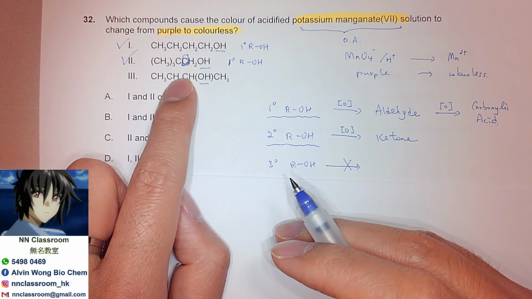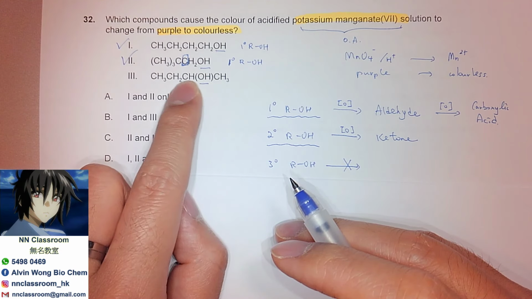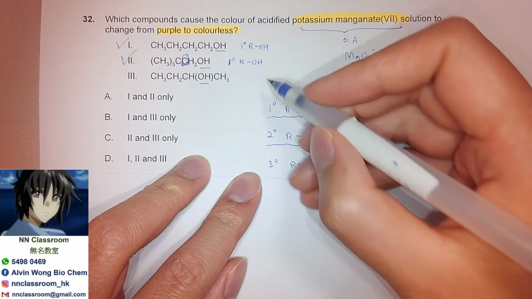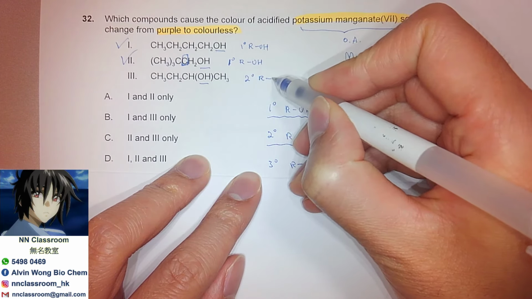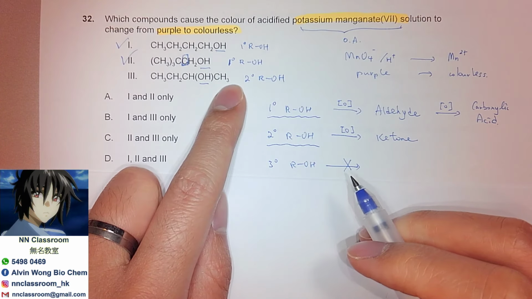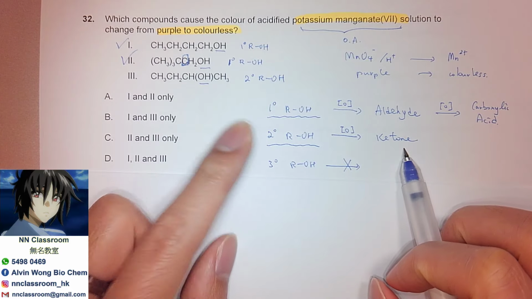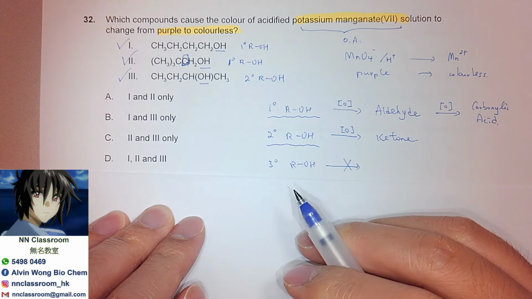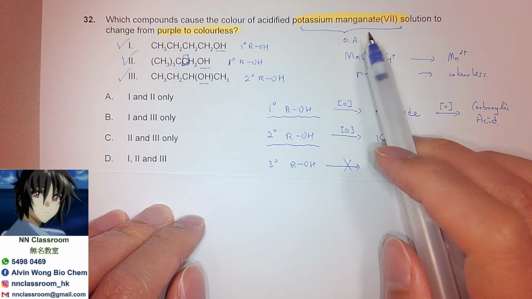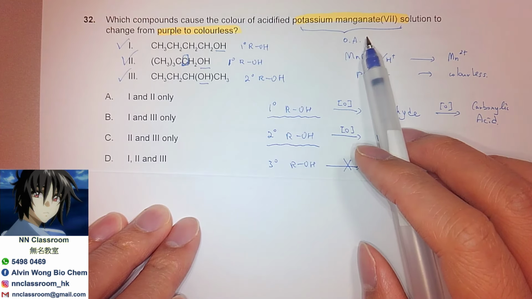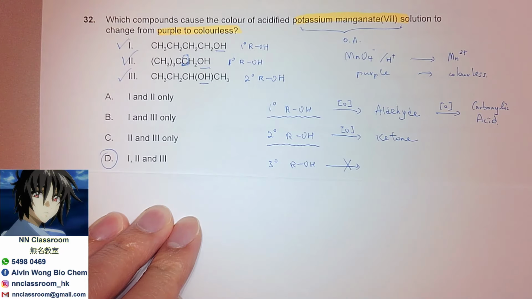So which means the carbon linked to the hydroxyl group bonds to 1 hydrogen, 2 carbons, which is going to be a secondary alcohol. Still, secondary alcohols are able to undergo oxidation to become a ketone. So that's why it is also okay for 3 to undergo oxidation with the permanganate ions under acidified condition. So that's why answer will be D.